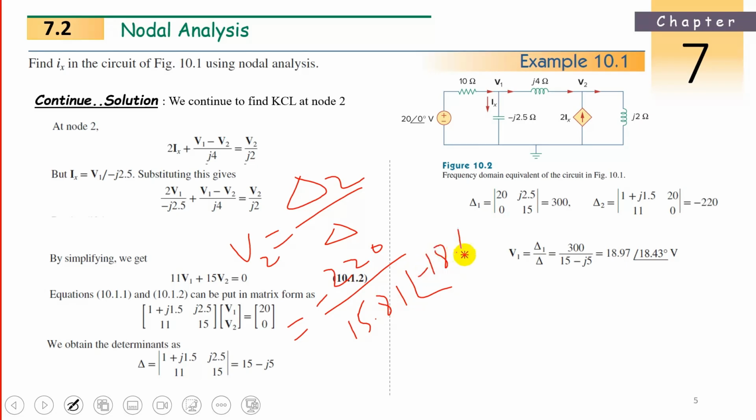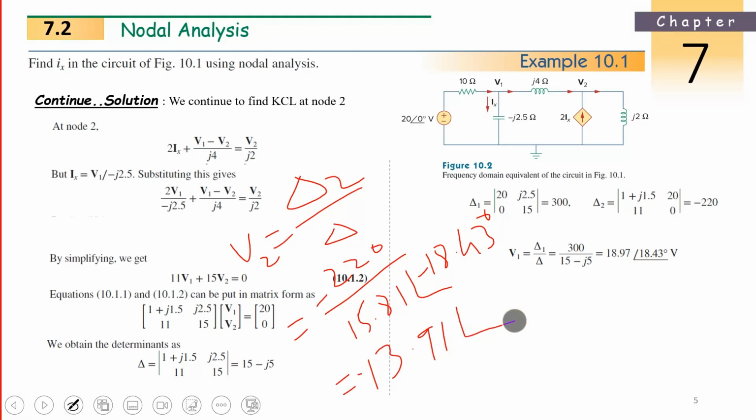We already converted that one. Now 220 divided by 15.81 is 13.91, that is minus 13.91.